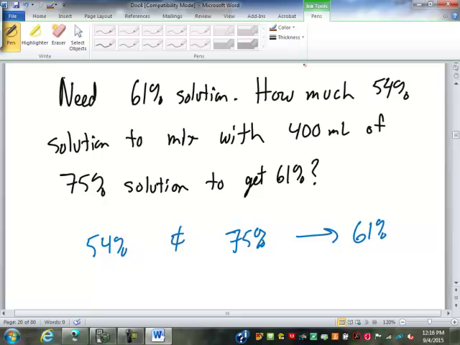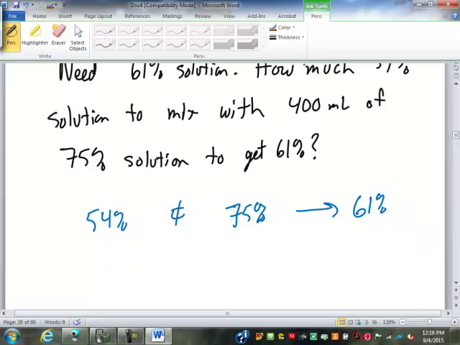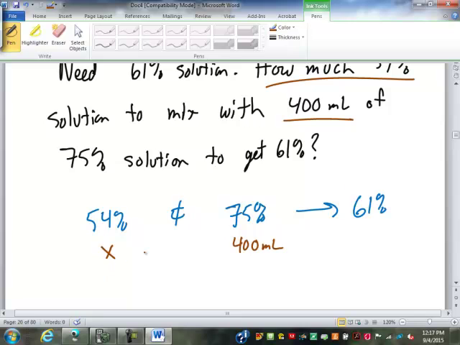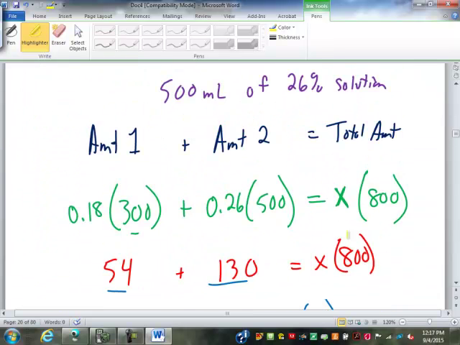We have amounts here. We have 400 milliliters for the 75%. We're asking how much of the 54%. So I'm going to let that amount be x. How much of the 61% are we going to have? x plus 400. This amount plus this amount. Just like up here, it was 300 plus 500 gives 800.